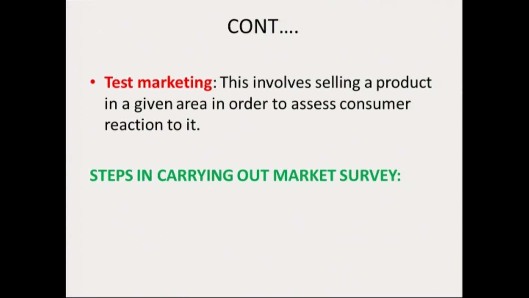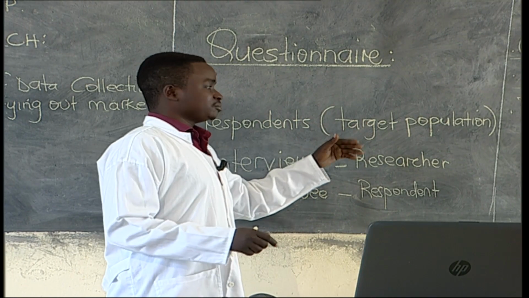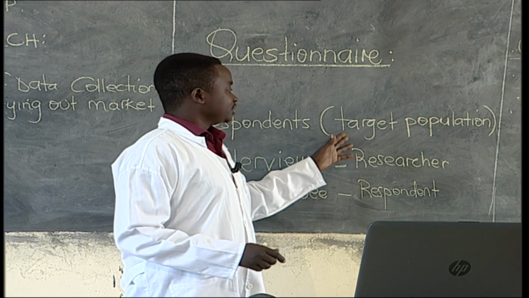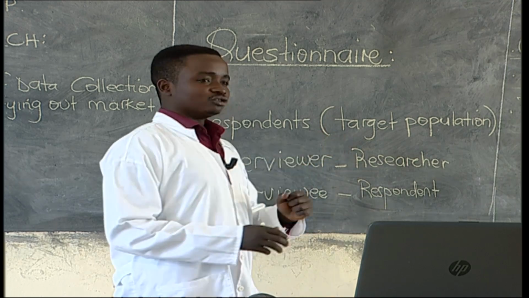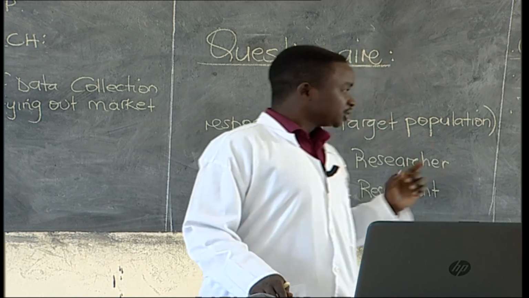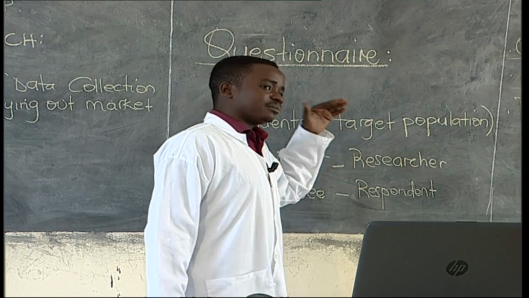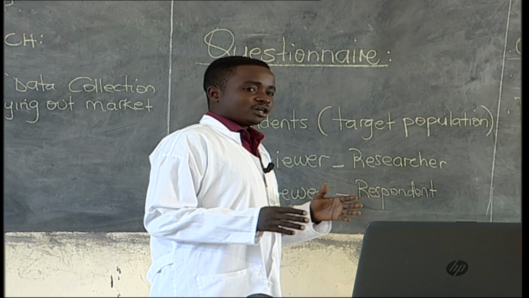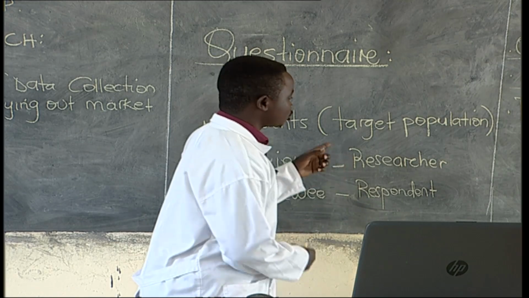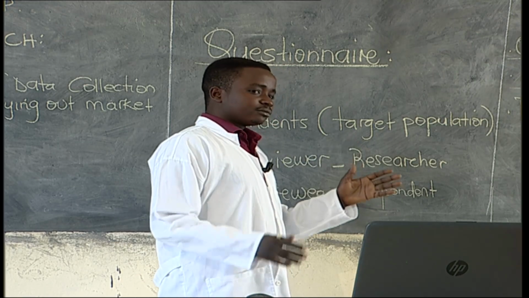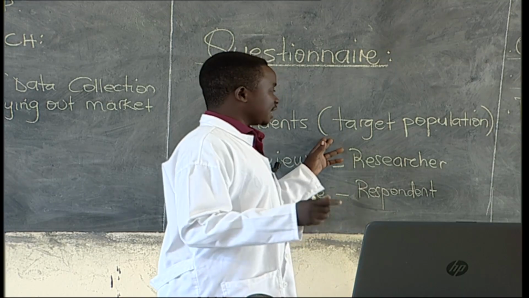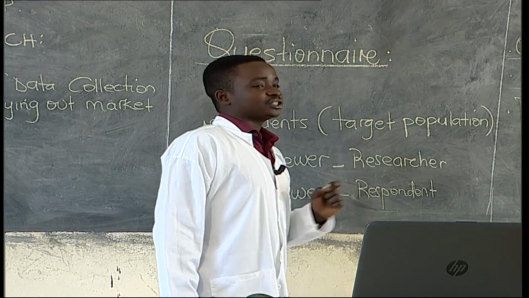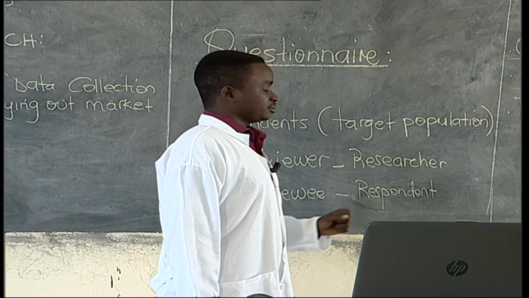No. In research, when we talk about targeted population, it can be items or people of which you want to know some characteristics, some information. So that will be your target population.